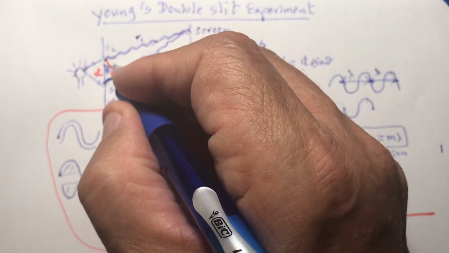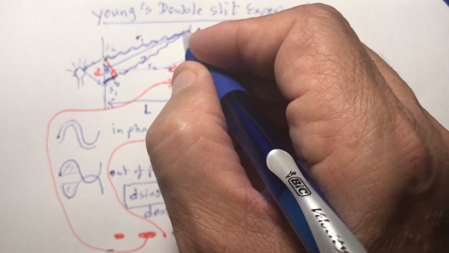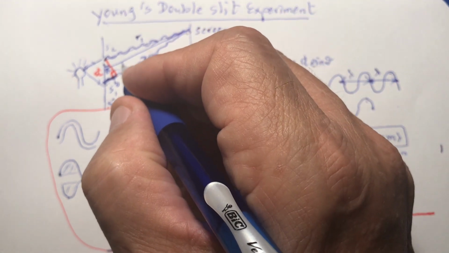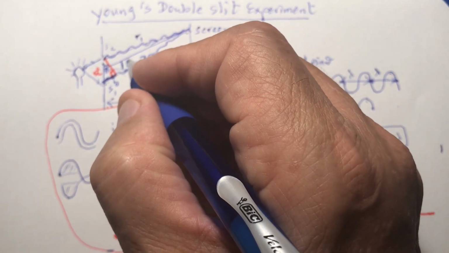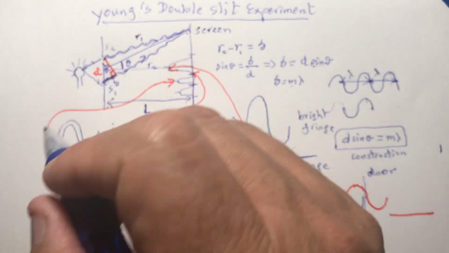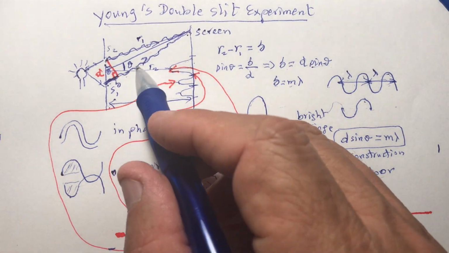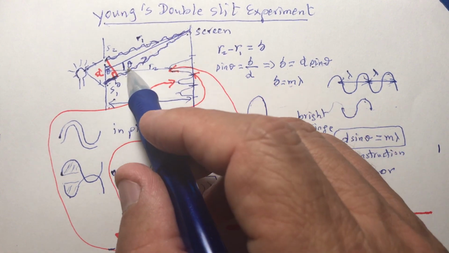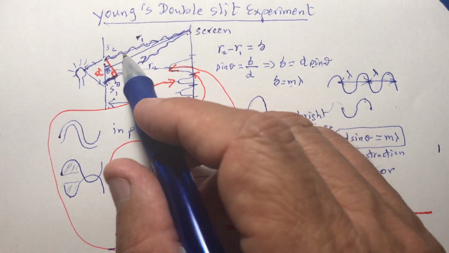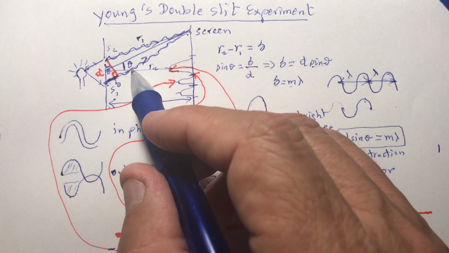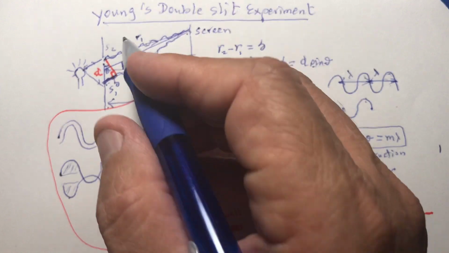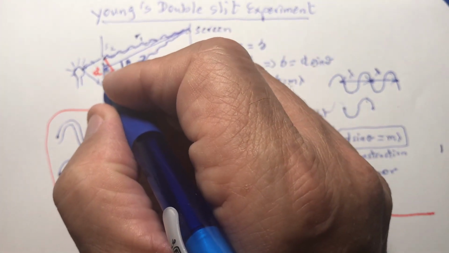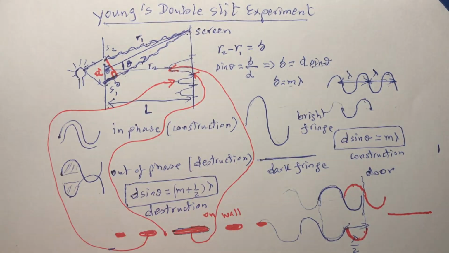Let me do this, and we can call that angle theta. We pretend that these two, like a rubber band you stretch to a long distance, are going to become parallel. If these two are parallel, this theta here will be equal to that angle there.